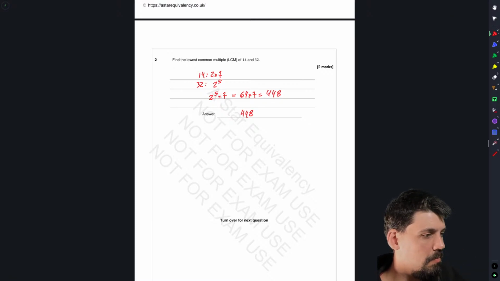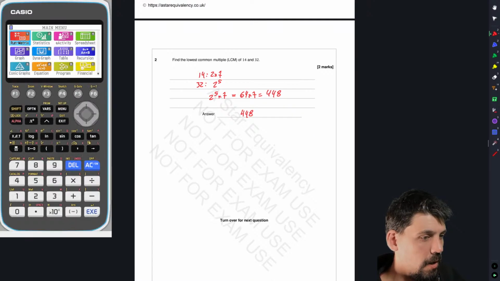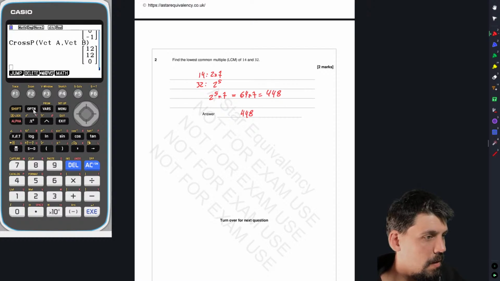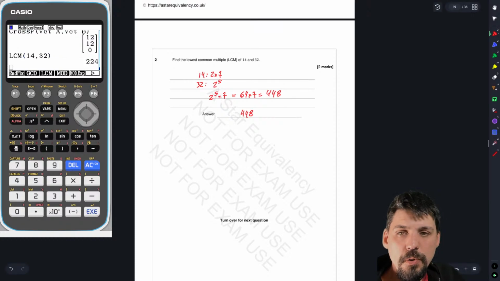So let's see if this comes up for us. There we go. Let me show you a thing. If we are being numerical, LCM, 14 and 32. I think I just do this. Oh, it says 224. Have I got too big?